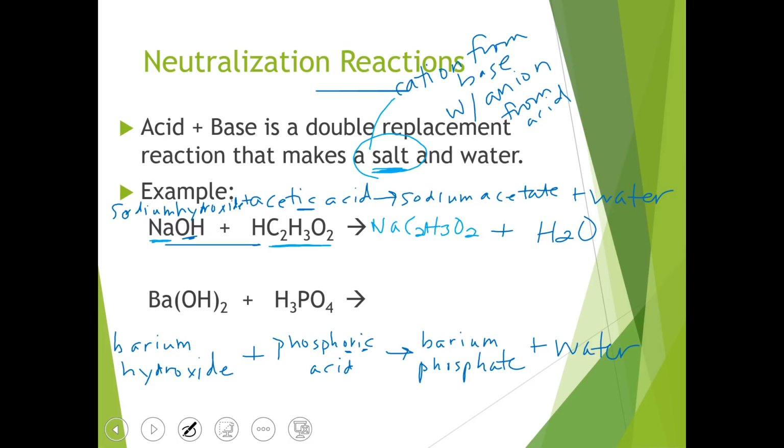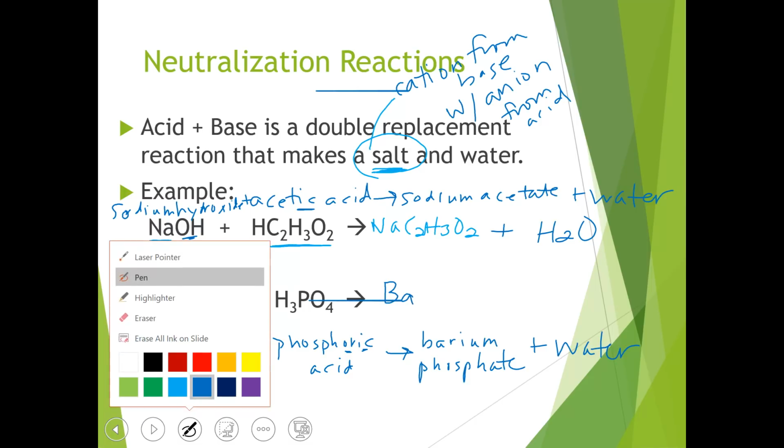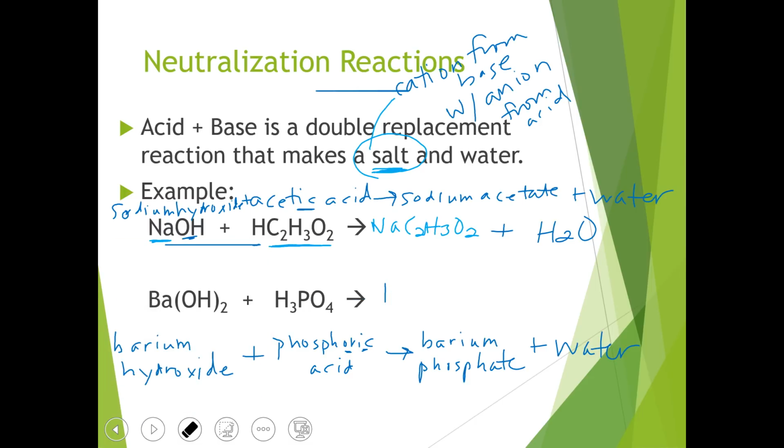Now, to make it easy to balance, you got to write your formulas properly. Like, barium is +2, and the phosphate is -3. So you can't just write BaPO4. You've got to write a proper formula, and then the formula for water, the HOH.